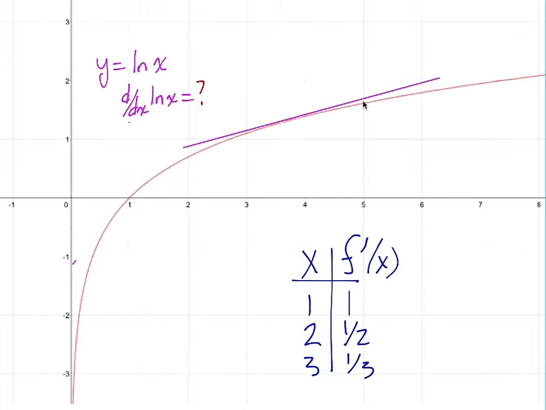And so when x is 4, the derivative is 1/4. So it's pretty clear. The pattern here is we're just simply doing 1/x, and it turns out the derivative of the natural log is indeed 1/x.